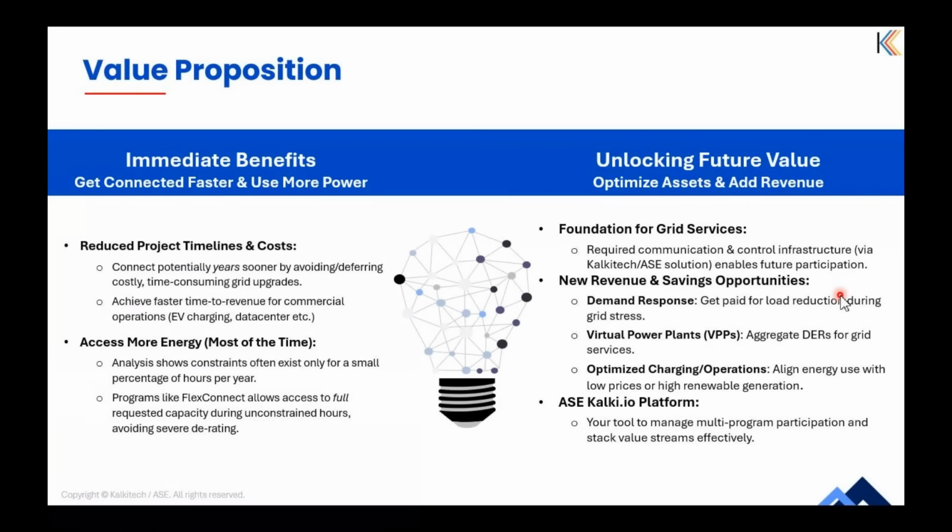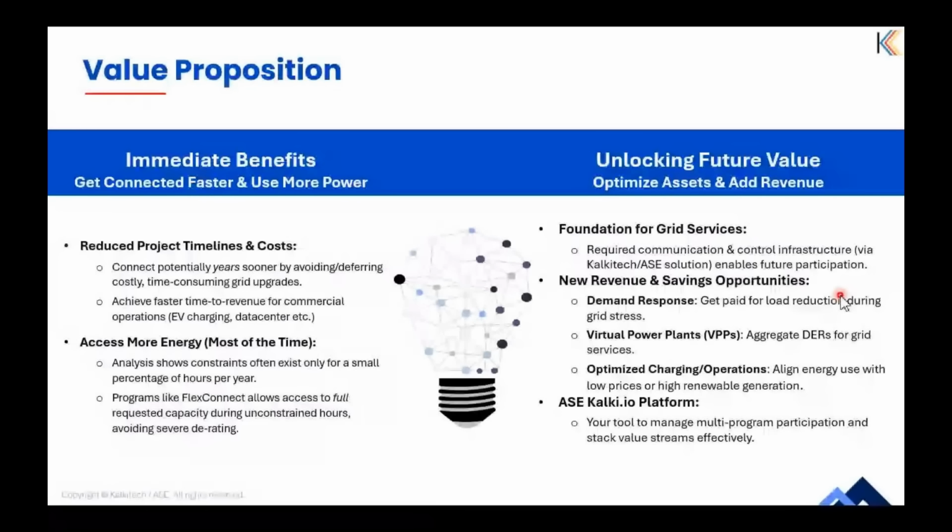You gain the technical ability to enroll in demand response programs and get paid for reduced load when the grid needs it. You can also join virtual power plant programs, aggregating resources like batteries to provide grid services to the utilities. You can also implement optimized operations such as scheduled EV charging to align with low energy prices or periods of high renewable generation.